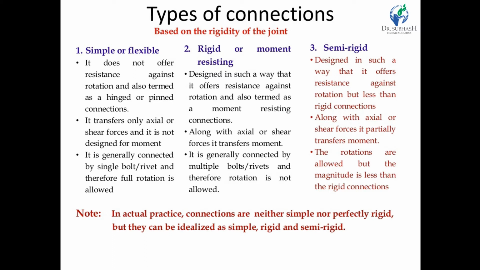It means it is not fixed, not totally flexible, and not totally rigid. In between, the third option is semi-rigid connection. Here I mention that in actual practice, connections are neither simple nor perfectly rigid, but they can be idealized as simple, rigid and semi-rigid connections.